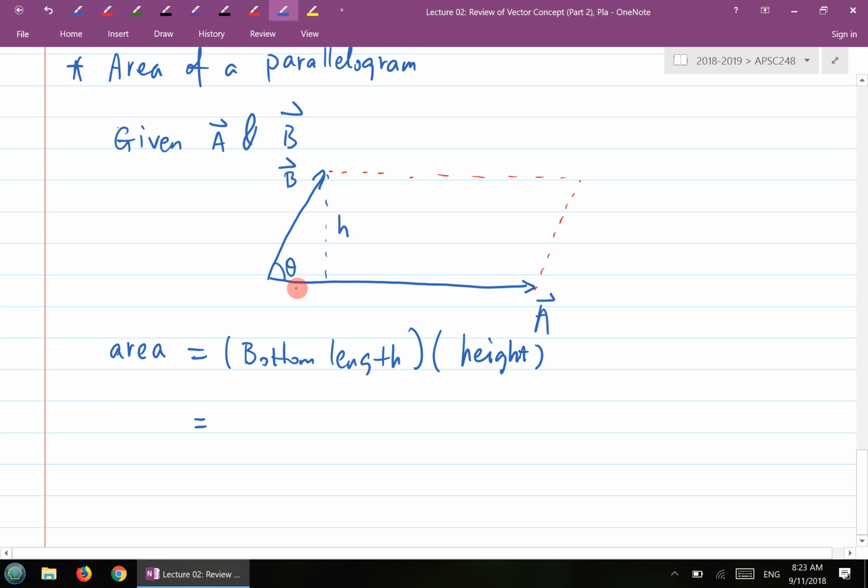What is the bottom length? Bottom length is the length of the vector A. So now for the bottom length, I'll replace that with the absolute value, the norm of the vector A. Height, I'll keep as a height for now. So that's the H symbol.